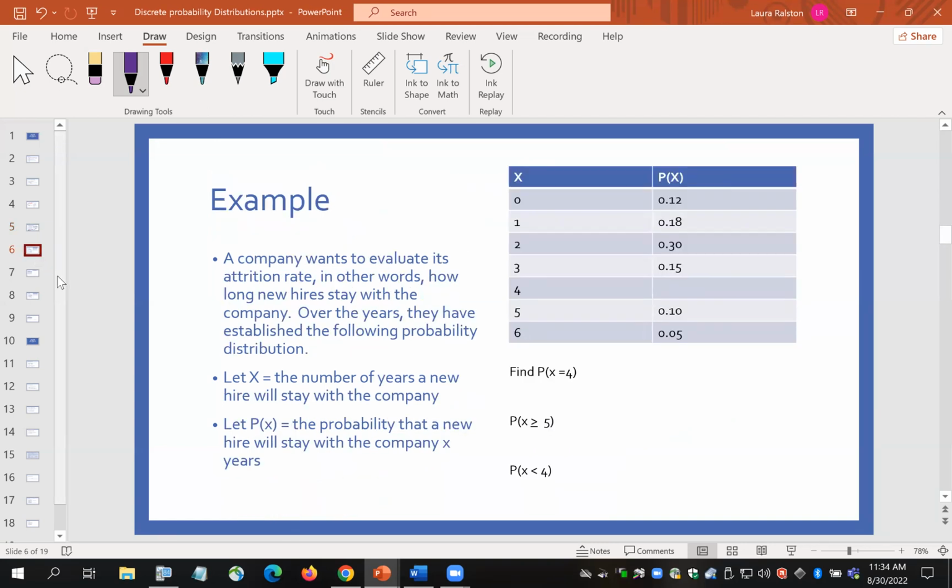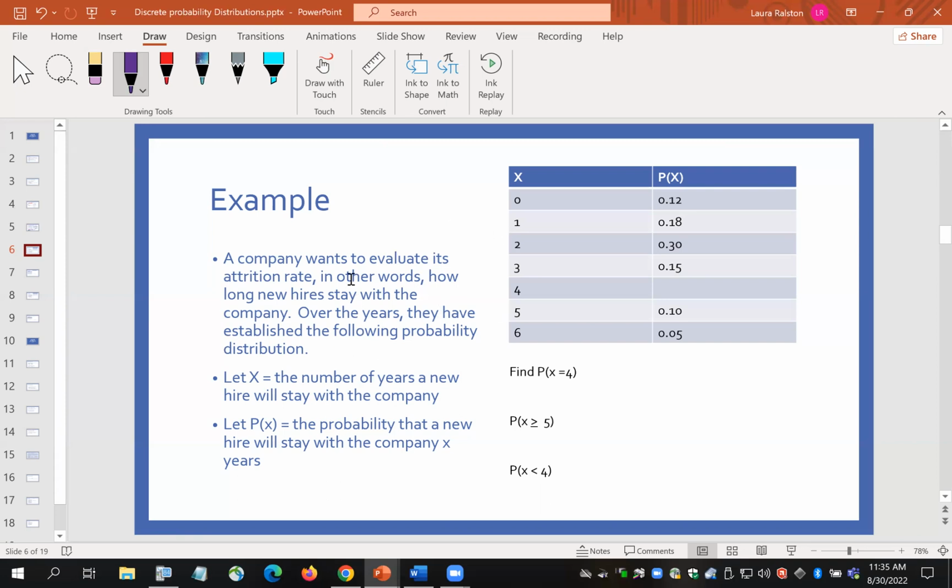Okay, it says a company wants to evaluate its attrition rate. In other words, how long new hires stay with the company over the years. They have established the following probability distribution. And they tell us that X is the number of years a new hire will stay with the company, and P of X is the probability that a new hire will stay with the company X years.